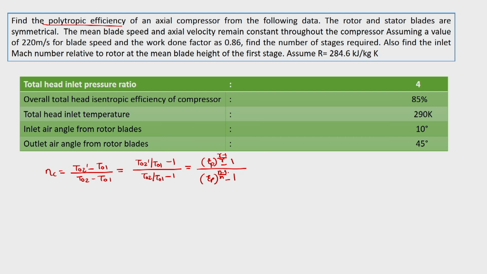But we know that we can represent the denominator in terms of polytropic efficiency, so we can have Rp bracket raised to (gamma minus 1) upon gamma. In the denominator it is 1 upon the compressor's polytropic efficiency into (gamma minus 1) upon gamma. Now we can put whatever is known to us.